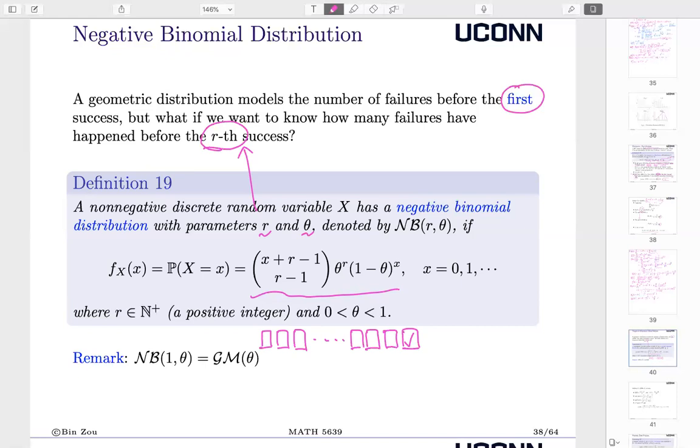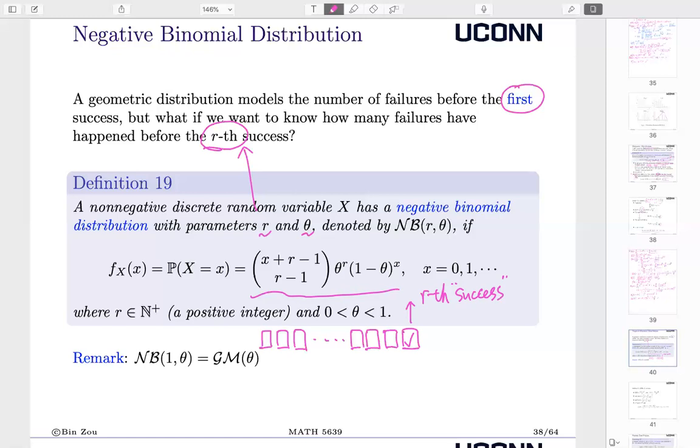If we have already observed the r-th success, we don't care about what happens after that. So the final result must be a success event, and this is exactly the r-th success. Then I will need to figure out the remaining part.